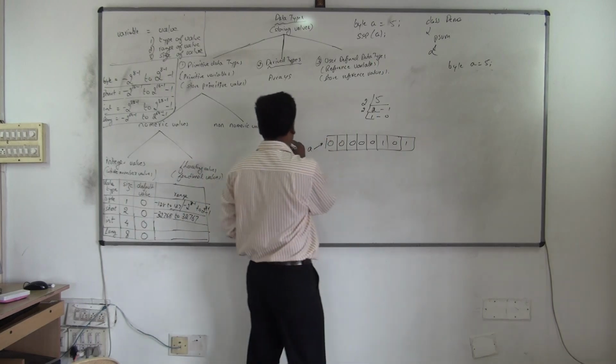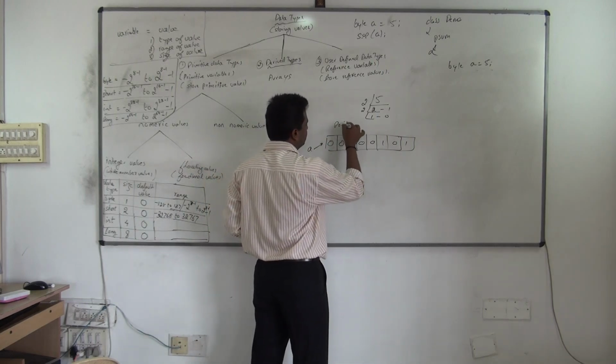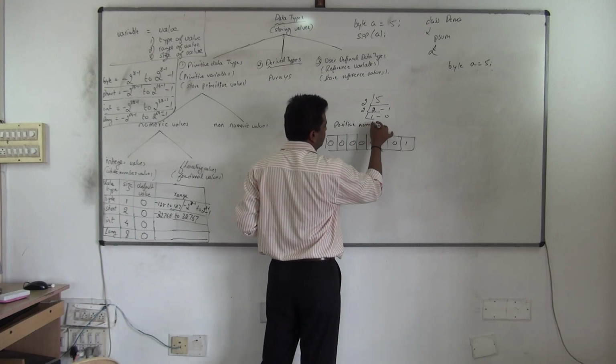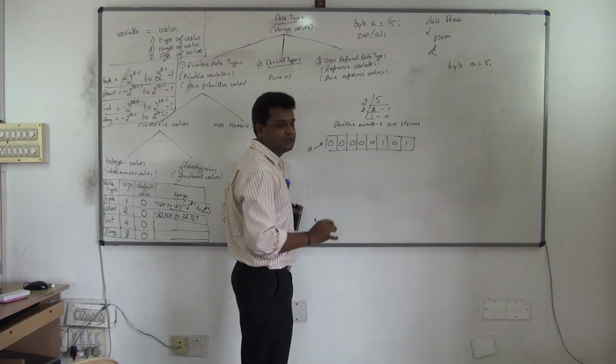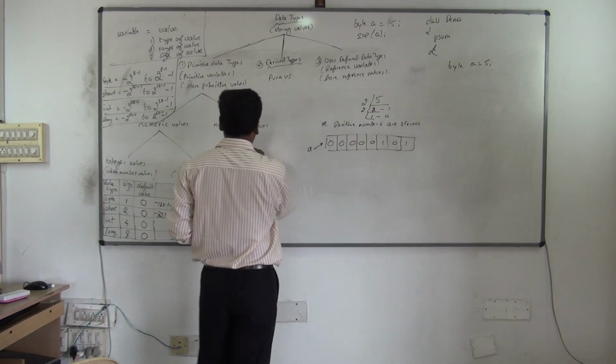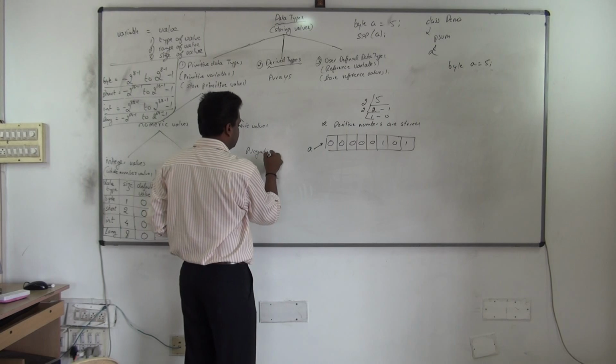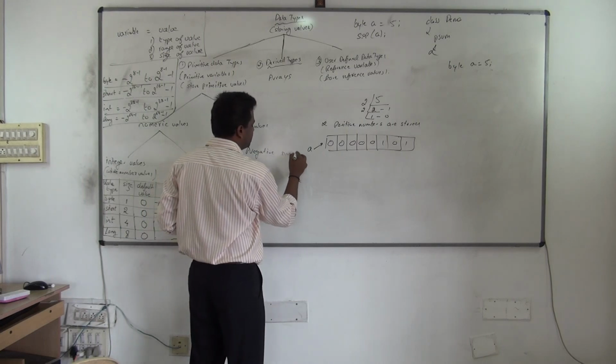So this is how positive numbers are stored. Understood now? Now negative numbers.